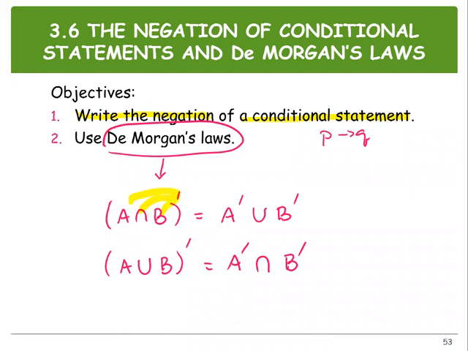Complement of A, which is A prime. The complement of the intersection is the union, and the complement of the union is the intersection.